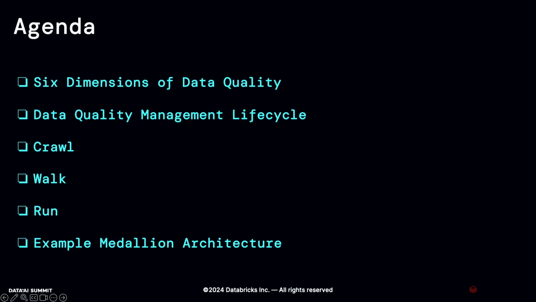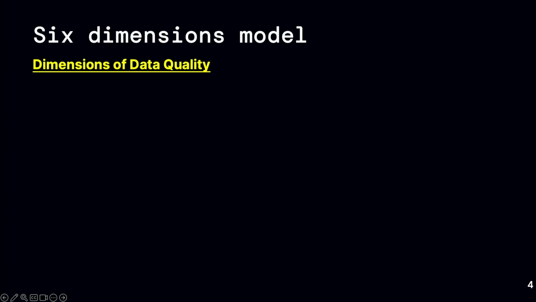We'll discover different techniques available to you based on the different maturity level you have currently in implementing your data quality strategy. And last but not least, we'll cover an example medallion architecture and show you where in medallion architecture you can apply different techniques that are available to you in Databricks.